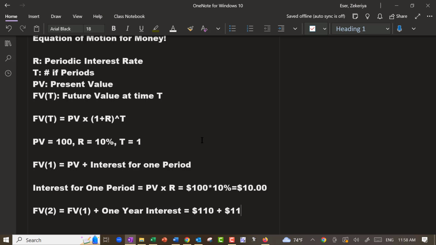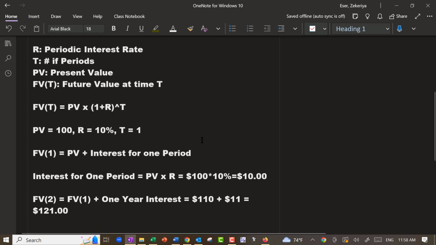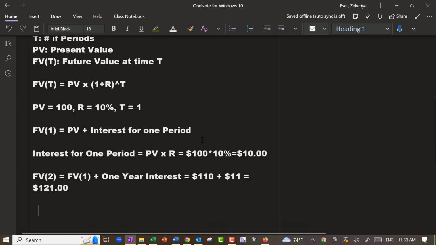Or FV2 is FV1 times 1 plus R, if you write this symbolically, right? But I know what FV1 is, PV times 1 plus R.